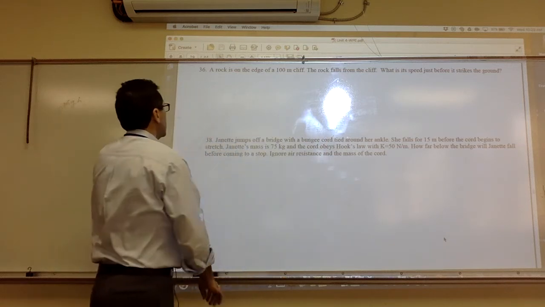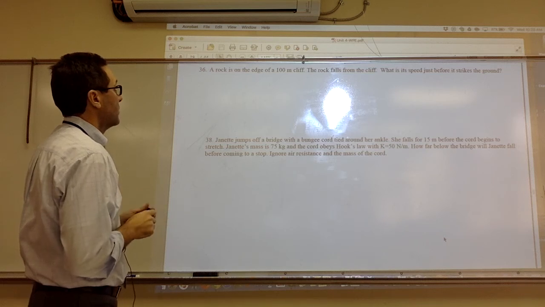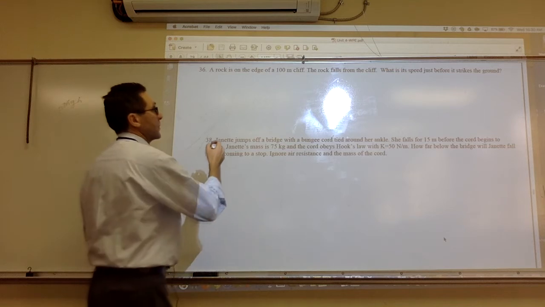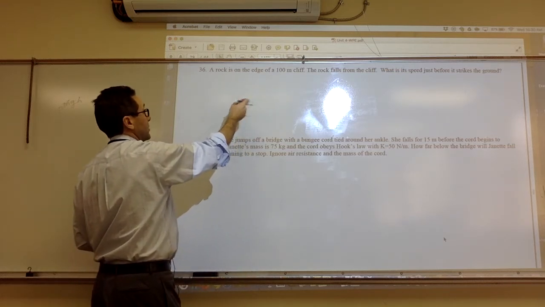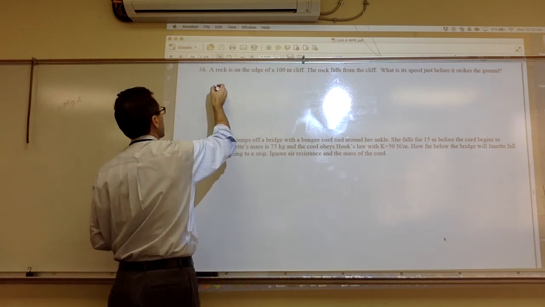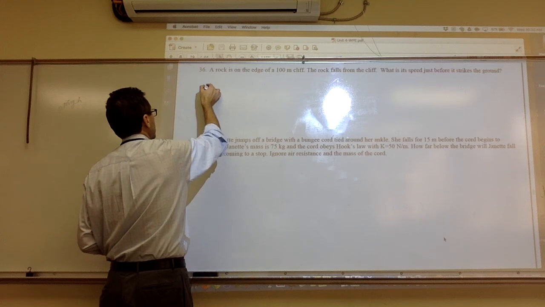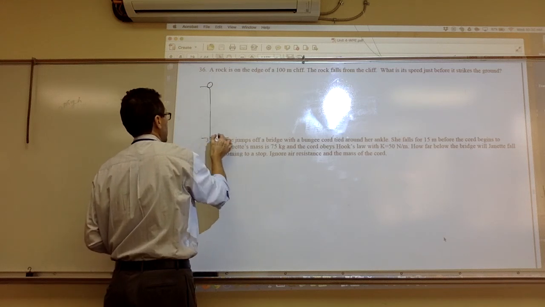Okay, 36. A rock is on the edge of a 100-meter cliff. The rock falls from the cliff. What is the speed just before it strikes the ground? So assuming it starts from rest here, so someone drops it or it just falls, because it's on the edge, so there's no initial speed. So here's the cliff, here's the rock, and it's going to reach down here.